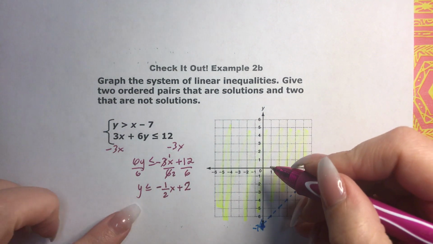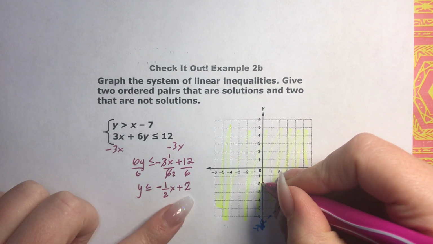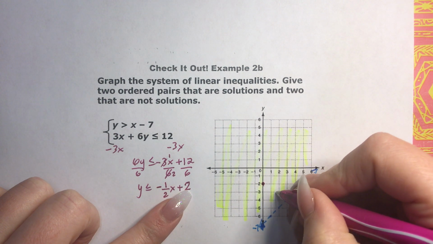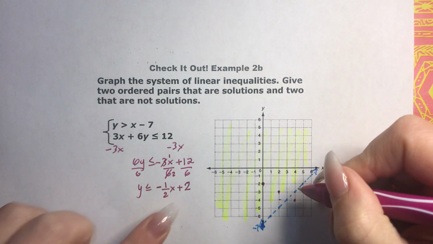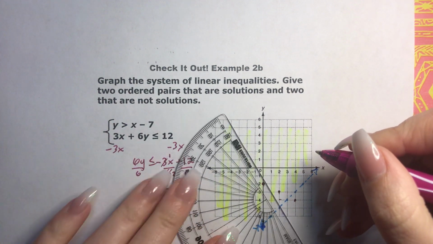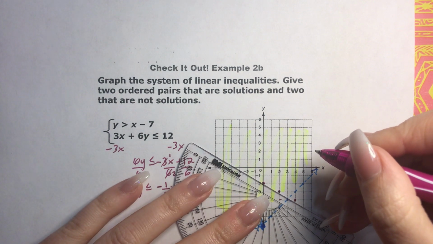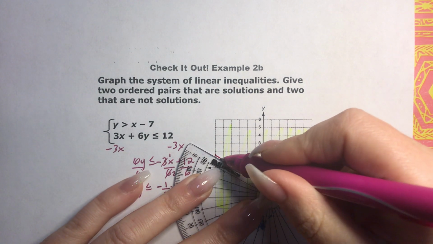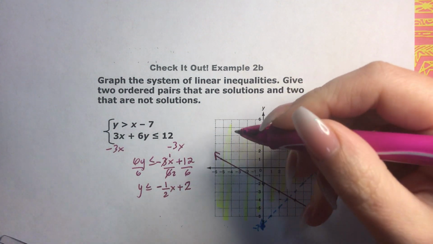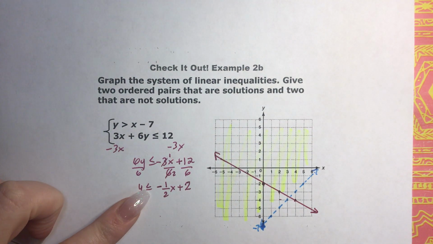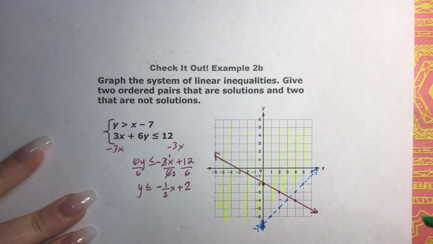Okay, so then we can graph it, right? So plus 2, that's our y-intercept, and then we go down 1 over 2, down 1 over 2, and it is a solid line. It's going to be something like this. And then y is less than, so we shade everything below, right?